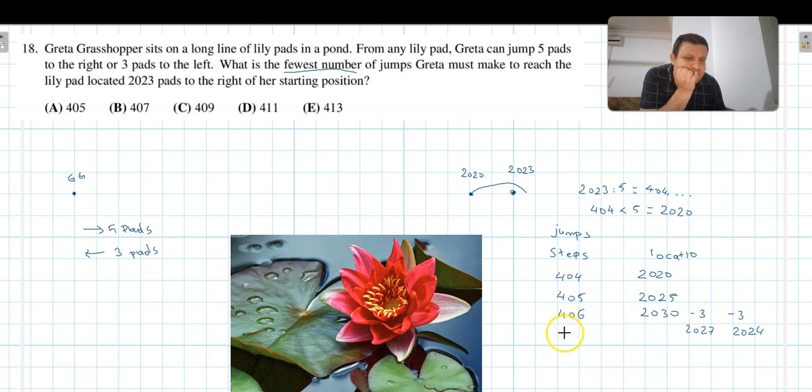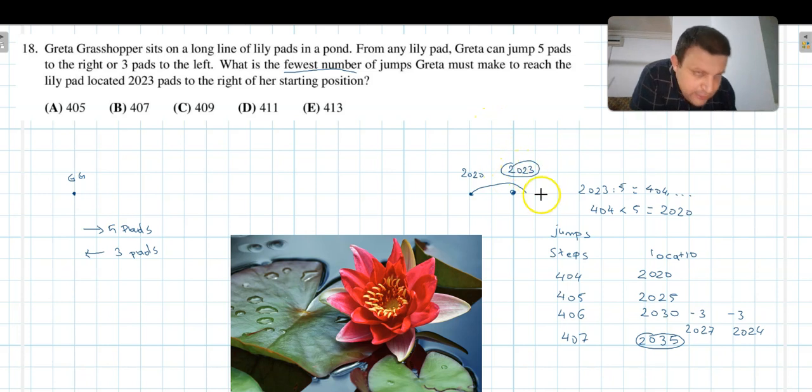Okay, so this means we need to continue. 407 is going to be 2035. This time the difference between this number and 2023 is 12. This means it's possible to subtract 3, because after subtracting several 3's, we will be able to reach 2023.